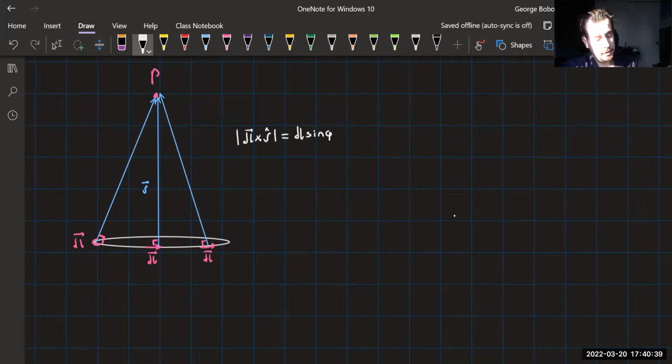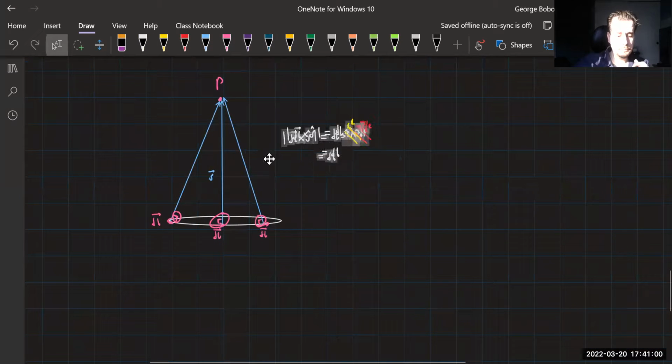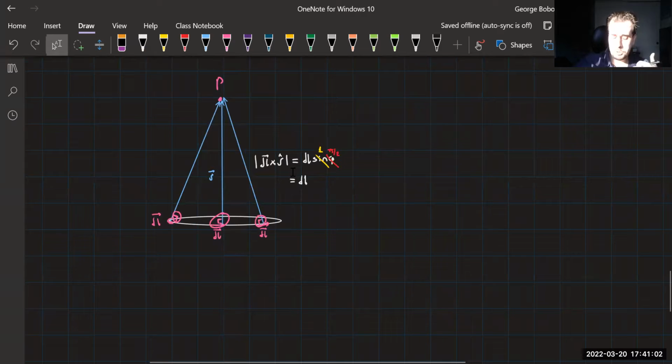Let's call this sine phi. The angle right now is always 90 throughout the integration. So again, this dumbs down to 1, and my cross product gets me dL back. Beautiful. So that's the geometry that you have between dL and R.